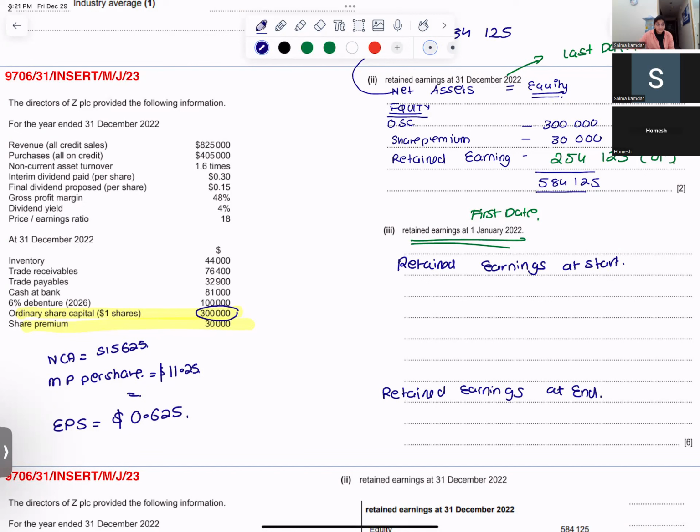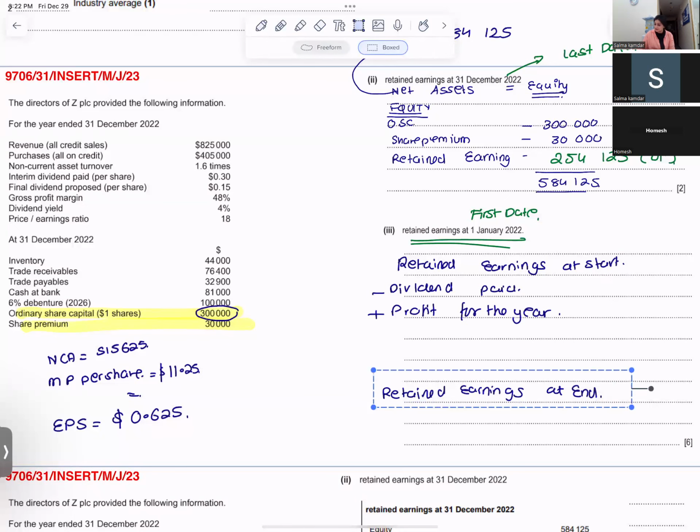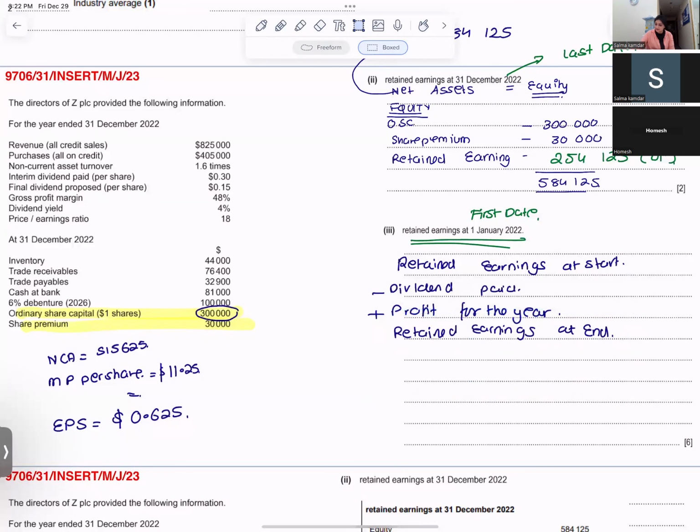Minus dividend paid. And add profit for the year. And if there's any transfer to reserves. Do you see any transfer to reserves? No, miss. There's no transfer.